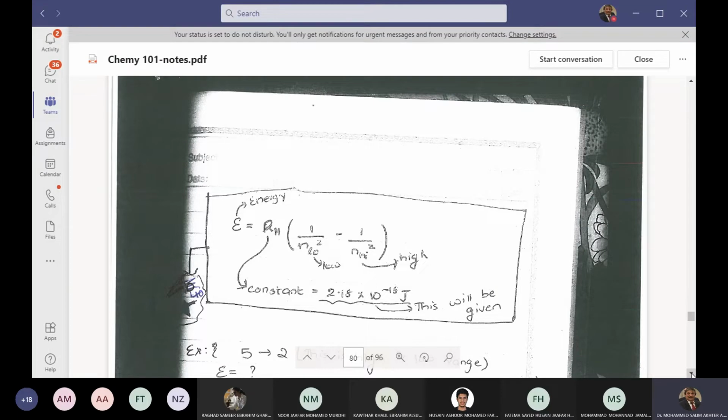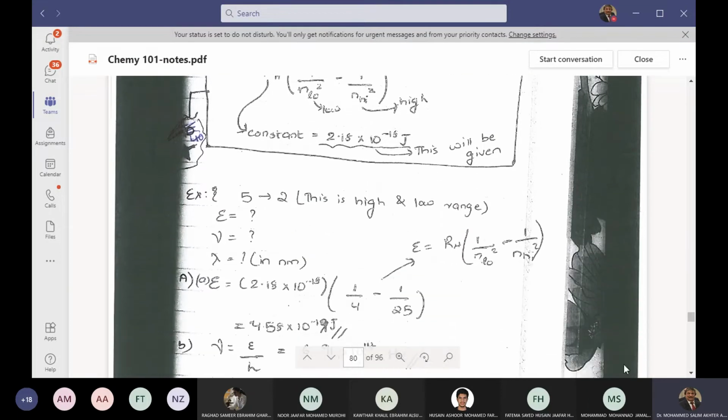Then I gave certain example, 5 to 2. So 5 is my n high, 2 is my n low, R_H is a constant for hydrogen atom, Rydberg's constant, value 2.18 × 10 to the power minus 18.